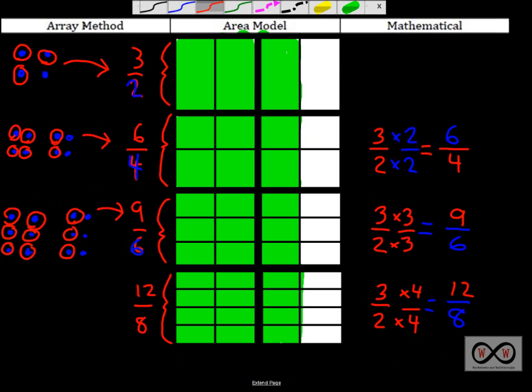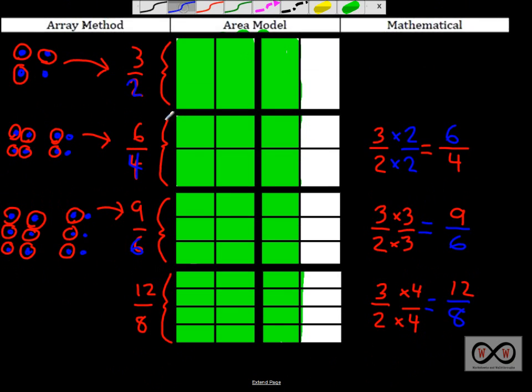We have 12/8. So you're probably thinking our denominator tells us how many we need to have in each group or set. So we'll have 1, 2, 3, 4, 5, 6, 7, 8. Matches our denominator. And since it's more than 1 whole, 12 is greater than 8. Our numerator is greater than our denominator, so we'll have to have more than one.